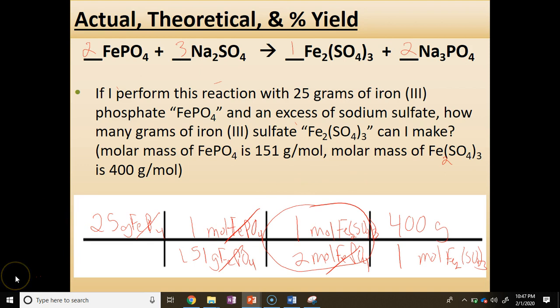That's what we're supposed to make for this problem. That's 33.113, but we want to round that to significant figures. So I started with 2, and this is going to be 33 grams of Fe2(SO4)3. That is my theoretical yield.